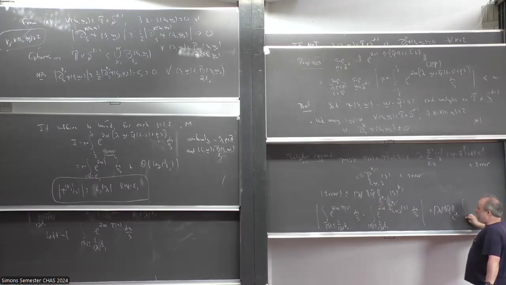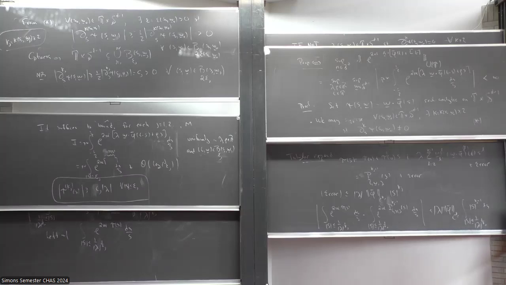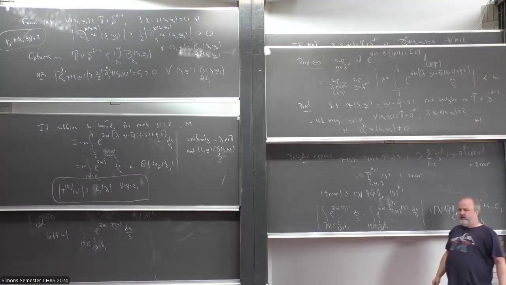Now I can integrate s to the kj minus 1 ds, with s up to 1 over lambda to the 1 over kj. The antiderivative is s to the kj; I evaluate at the same point, and I get 1 over lambda, which cancels that 1 over lambda. So I get a constant only dependent on j.